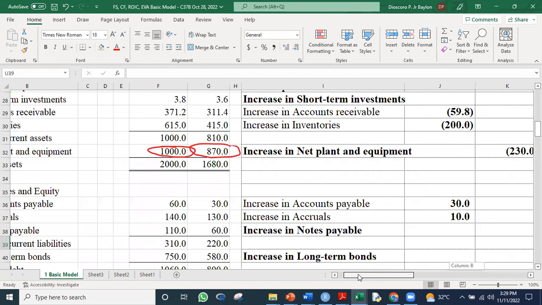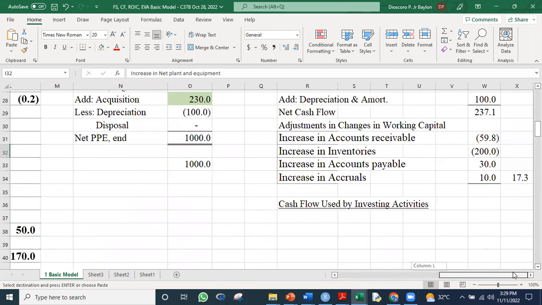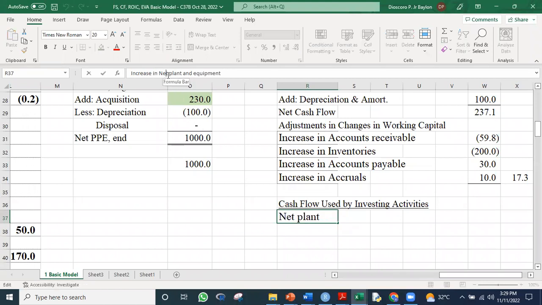All right, so it's this one. Okay, and it should not be any more increase in net plant and equipment. Because the increase in net plant and equipment is negative 130.